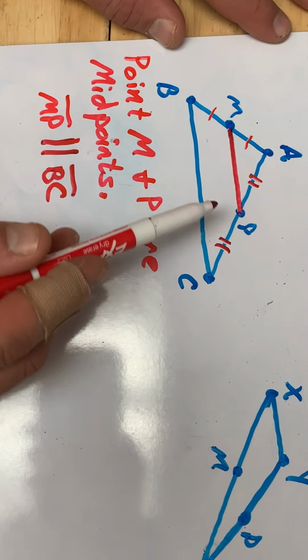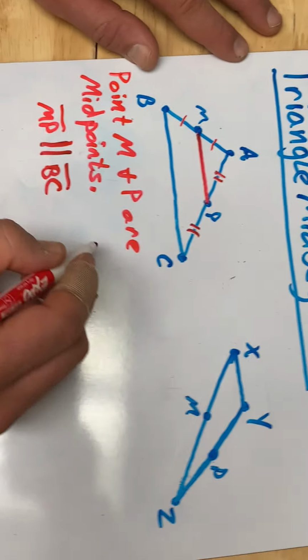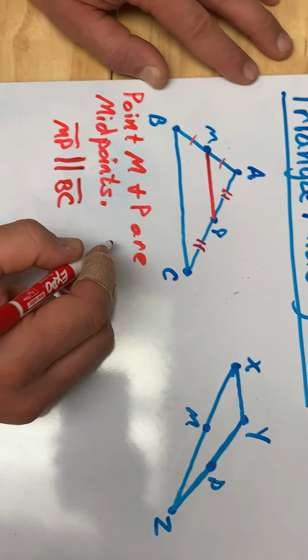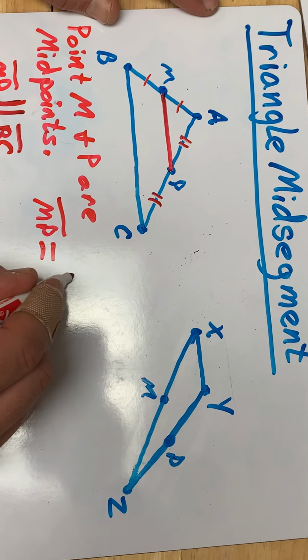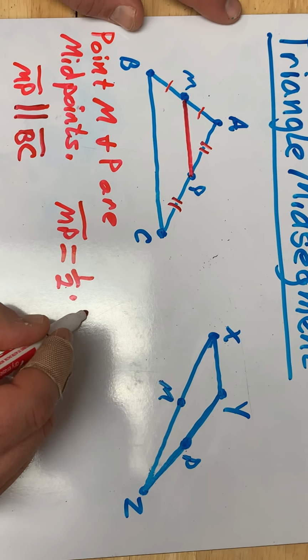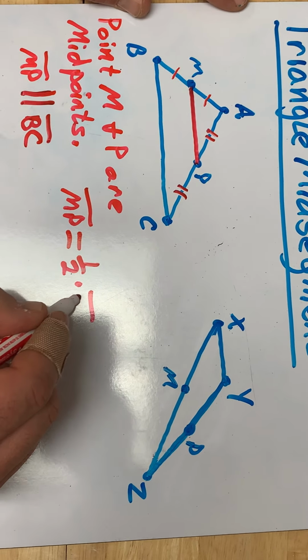The other thing is that MP, the distance or the length of side MP, is equal to 1/2 the distance or length of BC. So it's half the length of BC. Okay?